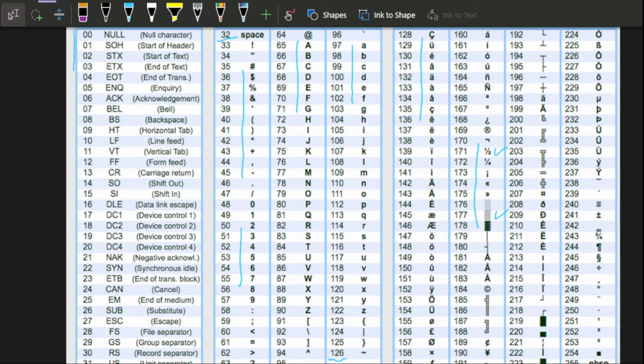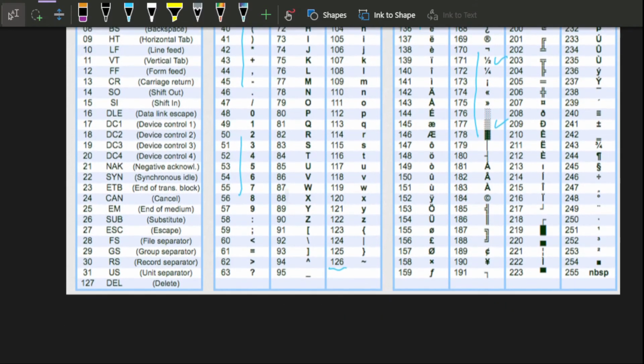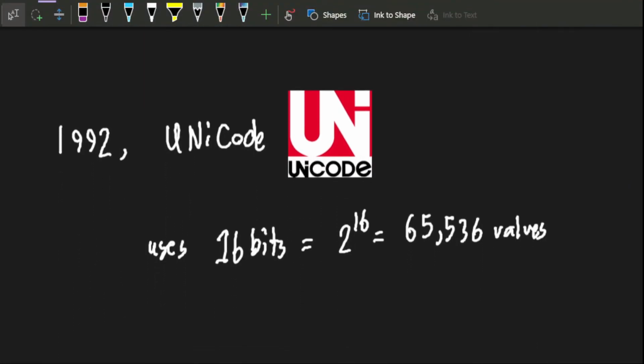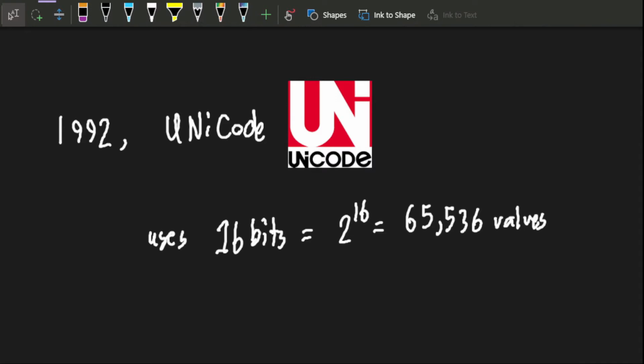So to unify all of the characters, the last thing that was invented in 1992 was Unicode, which used 16 bits to represent the numbers. 16 bits could hold 2 to the power 16, which is 65,536 values, which could hold all of the characters in all countries, and special characters such as the Chinese characters, the Japanese characters, also Bengali, Hindi.